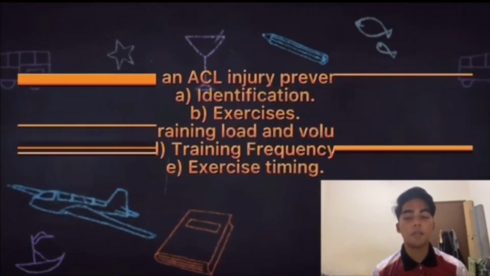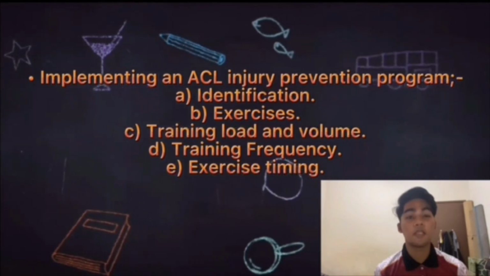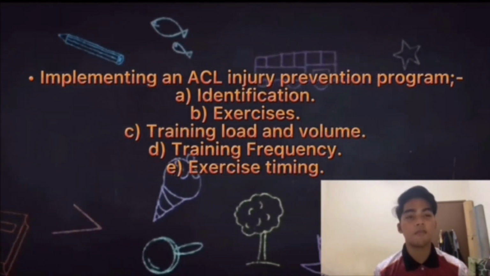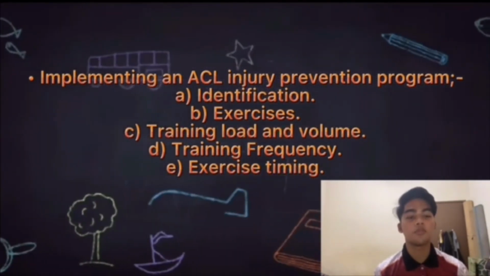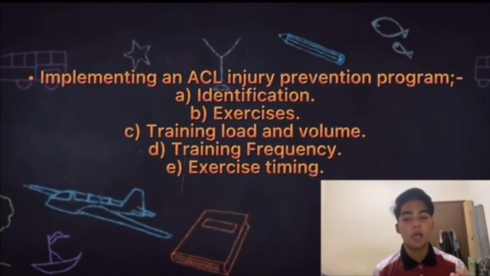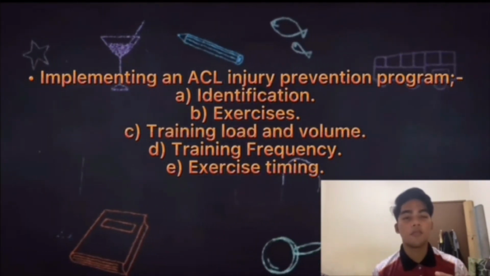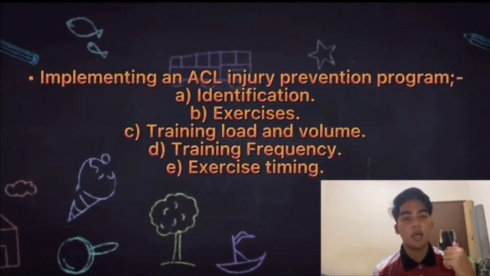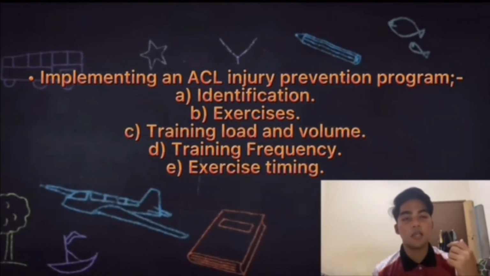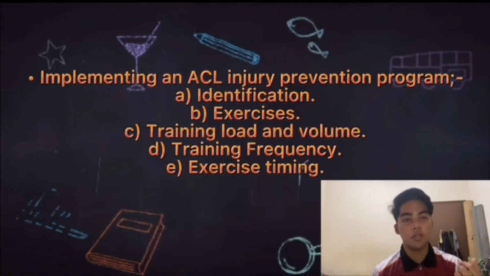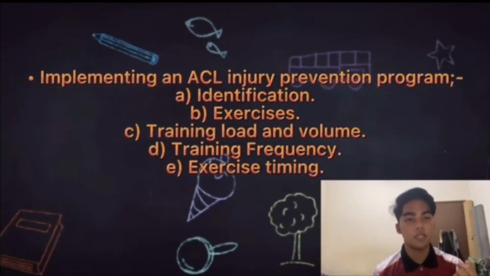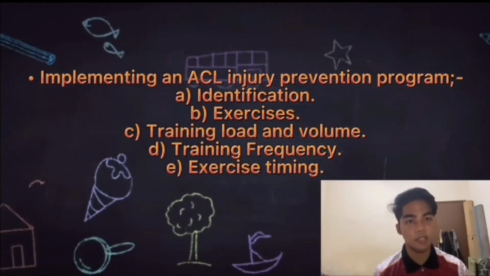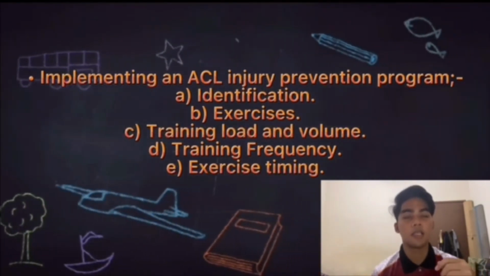In implementing an ACL prevention program, there are 5 key steps that should be included in the planning of this program: the first is identification, second exercise, third training load and volume, fourth training frequency, and the last one is exercise timing.